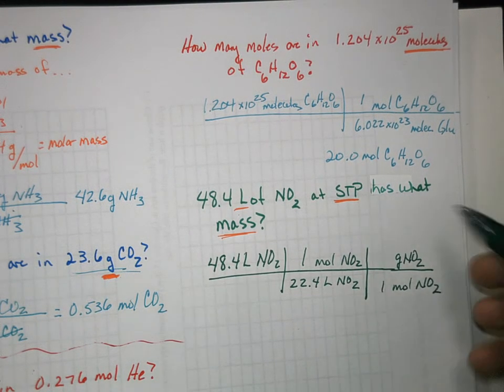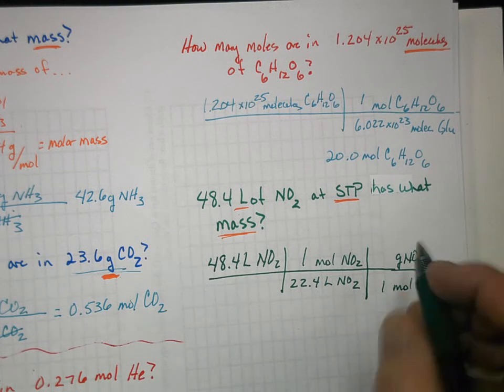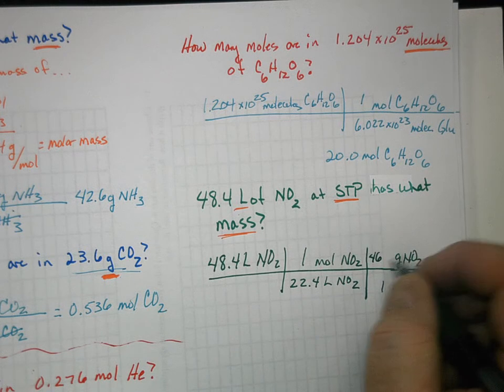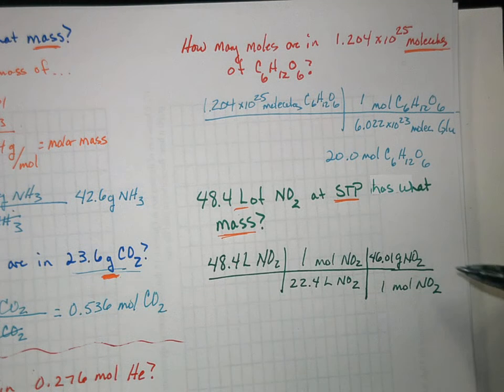Well, NO2 is, N is 14.01, oxygen is 16 twice, which is 32, 14 and 32 is 46.01, right? Grams of NO2.